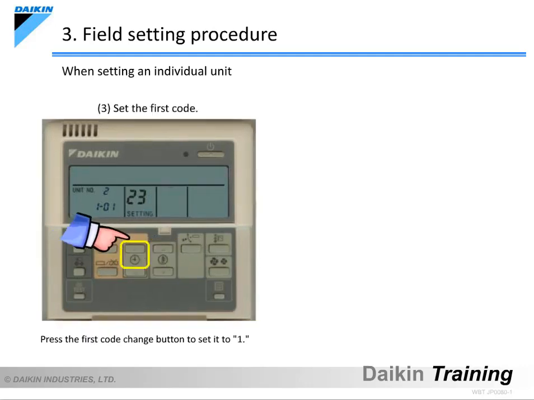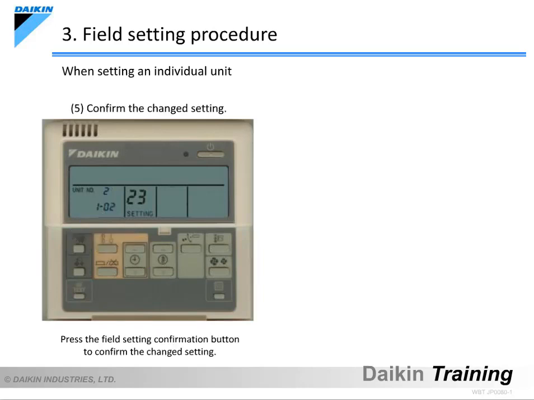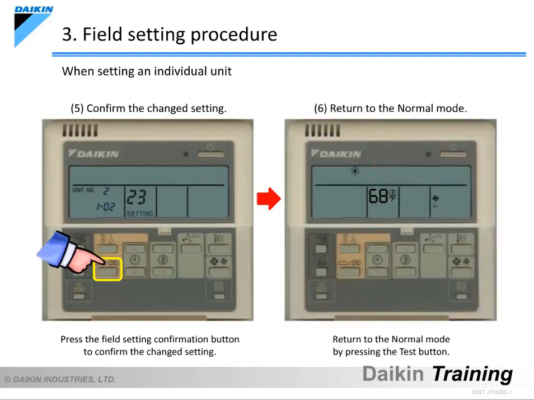After that, set the first code to 1 and the second code to 02. Press the field setting confirmation button to confirm the changed setting. Then, press the test button to return to the normal mode.